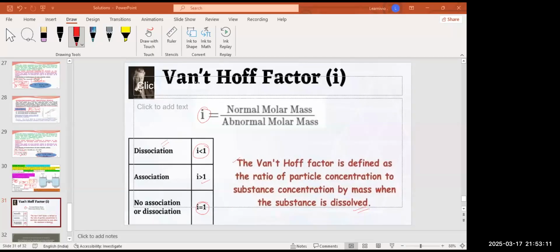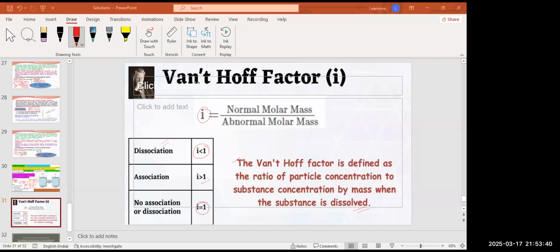And for degree of dissociation, you can calculate it using this formula: (i minus 1) upon (m minus 1), right?